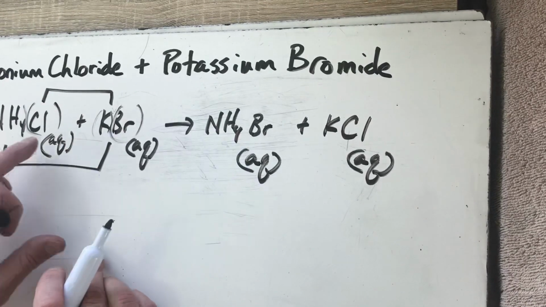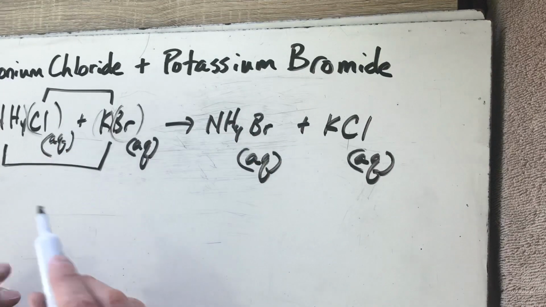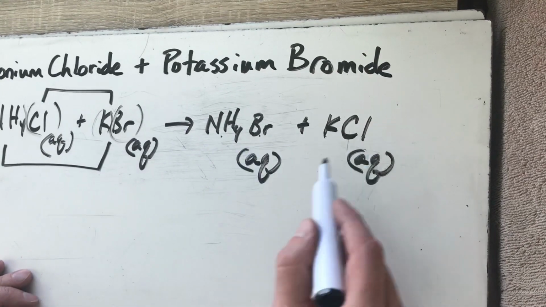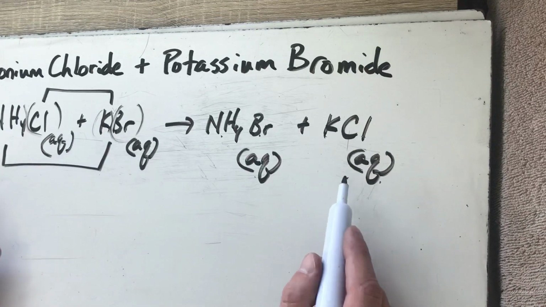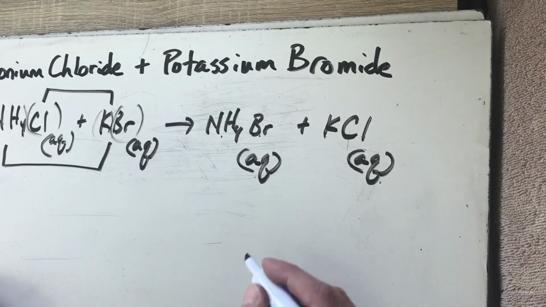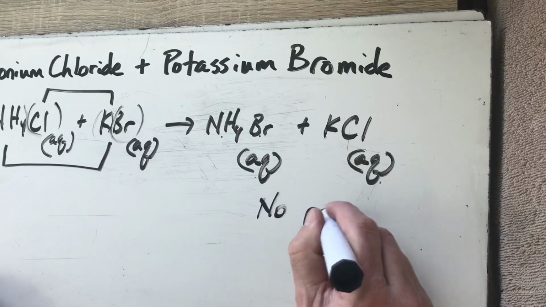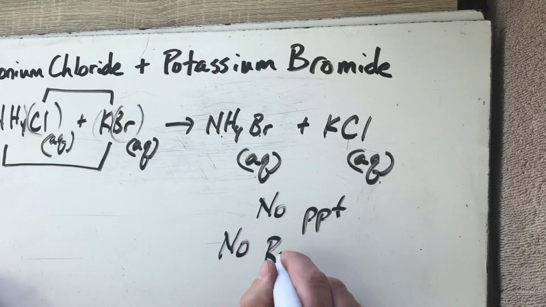So basically these 4 ions are just floating around in water. Well, when I put them together as one container, I still just have all 4 ions floating around in water. Nothing actually combined. I can write this on paper, but it doesn't mean it actually happened. So this is kind of a phony situation. There is no precipitate. And if you get no precipitate, then you really, in essence, have no reaction.